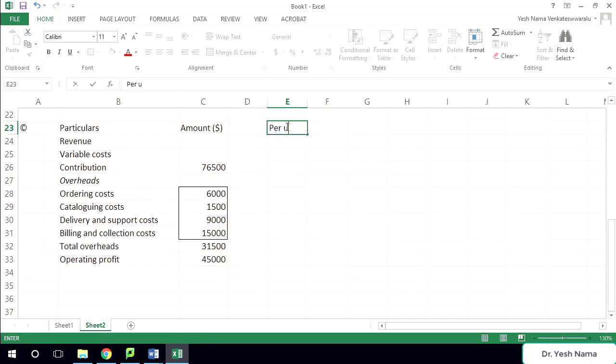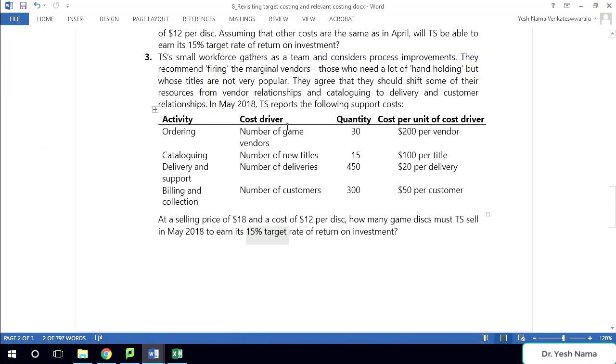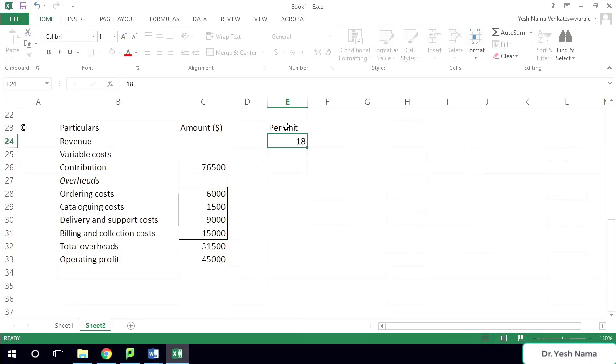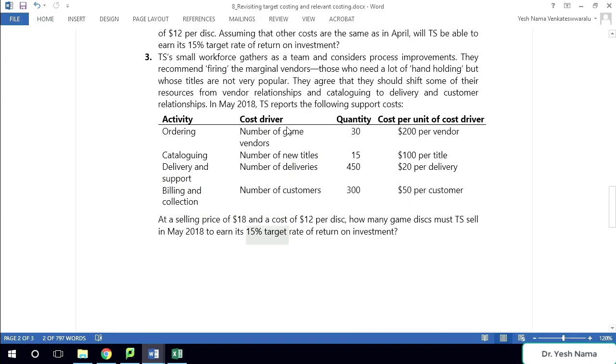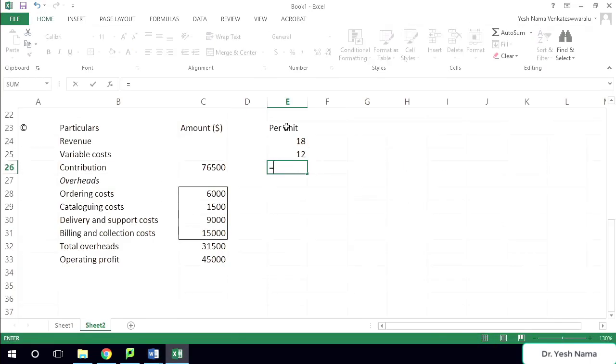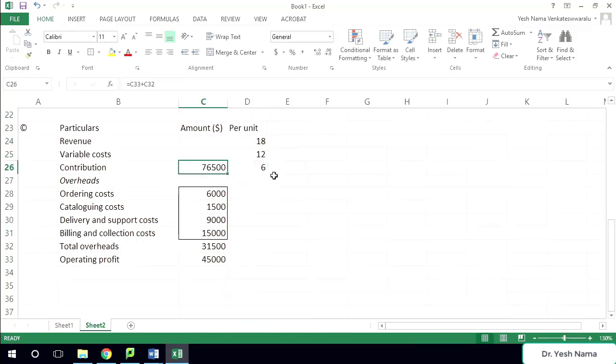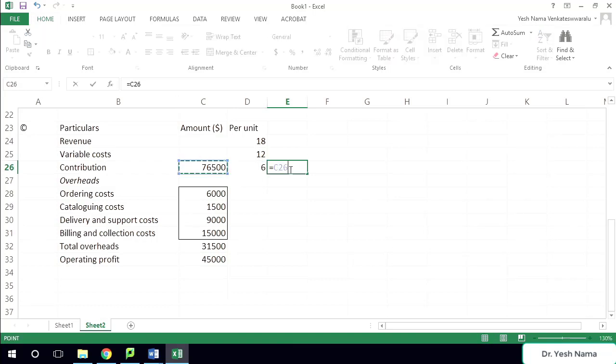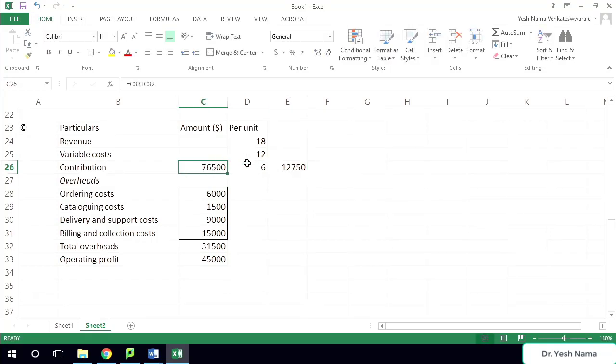Per unit, what is the revenue? Revenue is 18 per unit, variable cost is 12 per unit, contribution is 6 per unit. Total contribution 76,500, contribution per unit 6. Total contribution upon contribution per unit will give us the number of units to be sold.